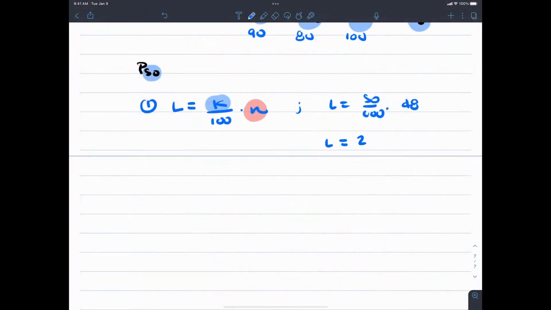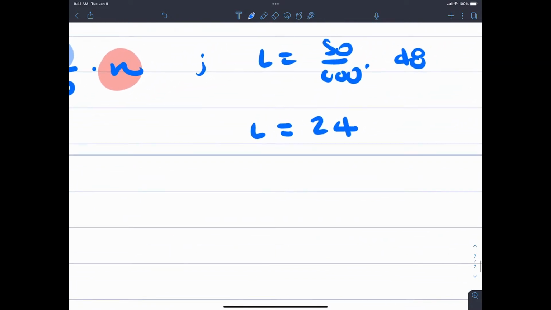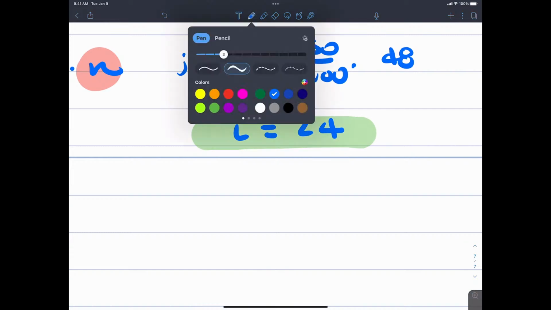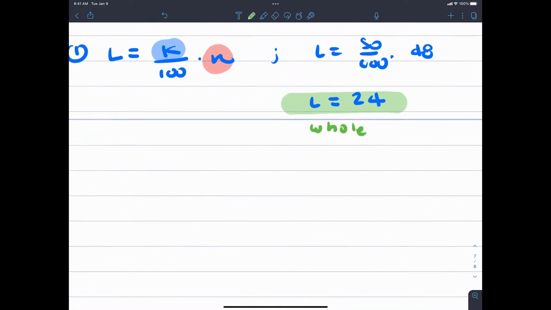So here's what you guys want to remember. Is this a decimal or is this a whole number? A whole number. Good. When it's a nice whole number, how do we get your answer?